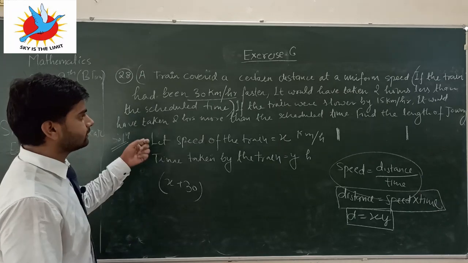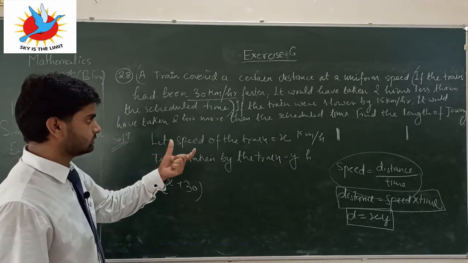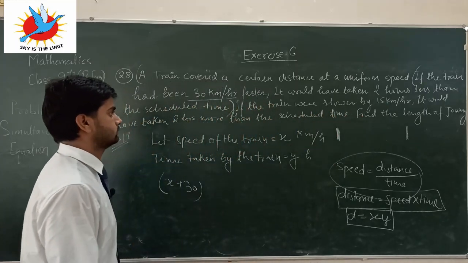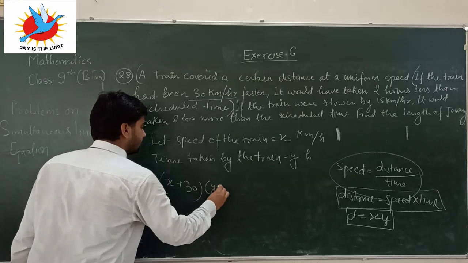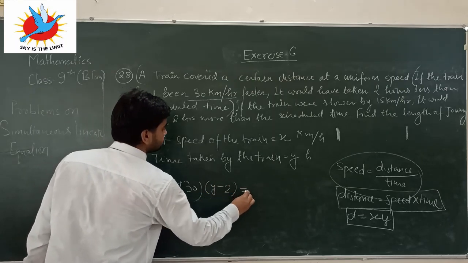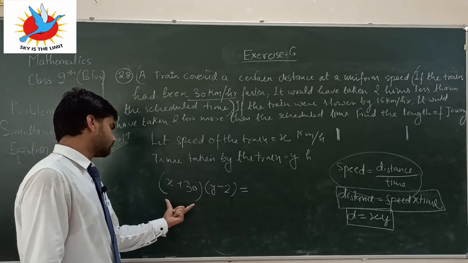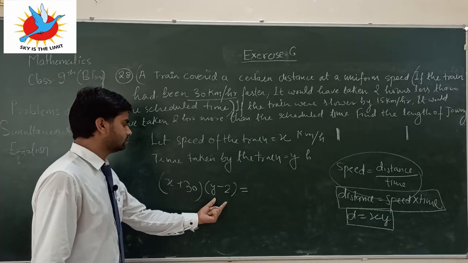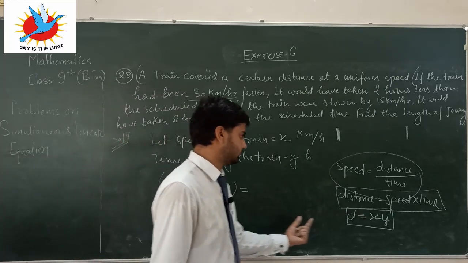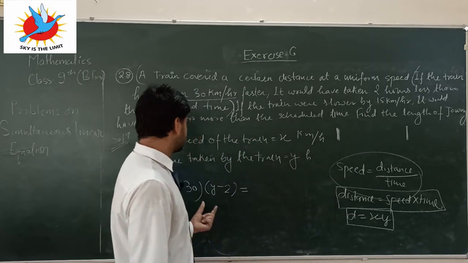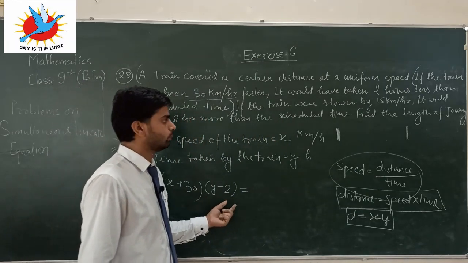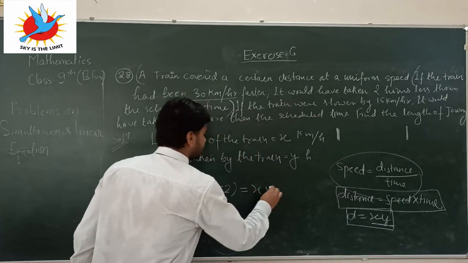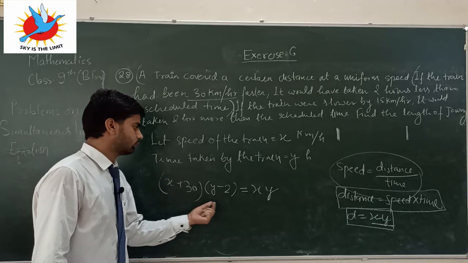The distance is not changing and the time is decreasing by 2 hours, so the time becomes y minus 2. Speed into time gives us distance. This is the actual distance between the two places, and it is not changing, so the distance will be equal to xy.